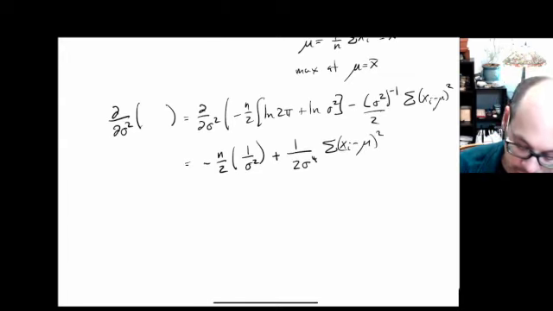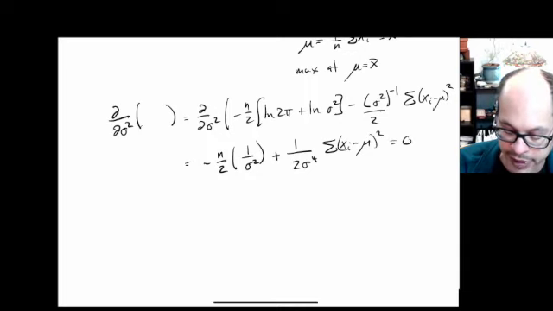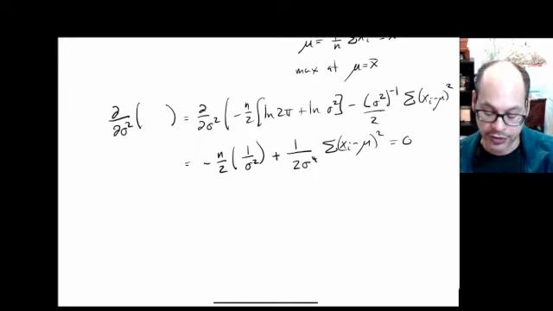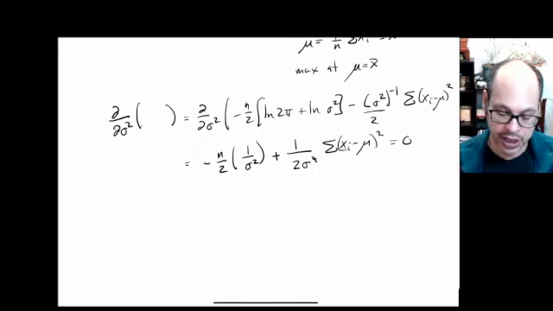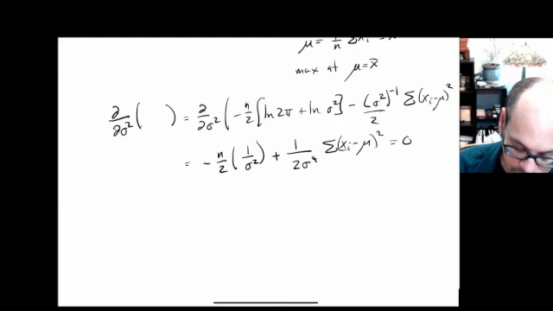Okay, so now if we're setting this thing equal to 0, we can do that by multiplying by 2 sigma to the 4th to clear the denominator, by moving this piece over to the other side, and then seeing what we get. So what do we have?